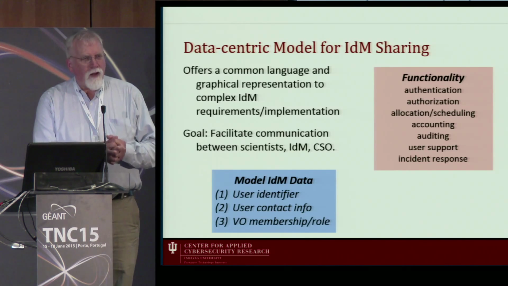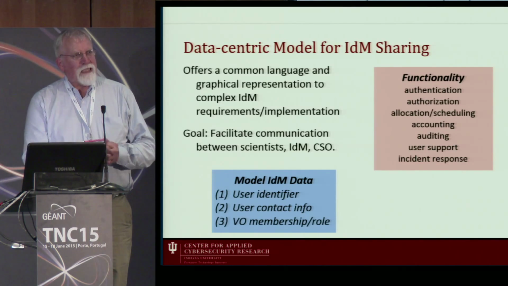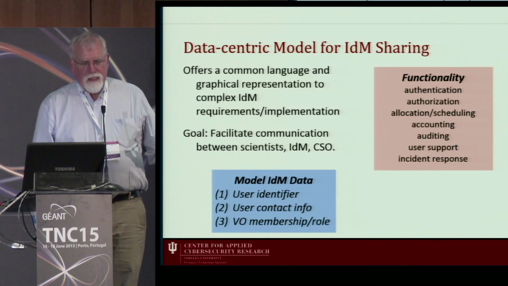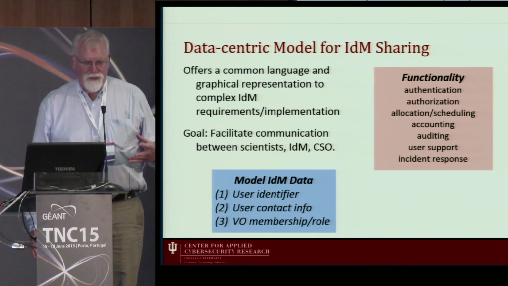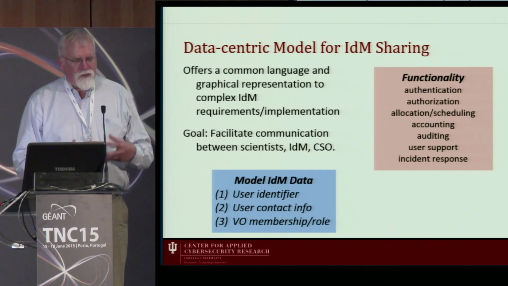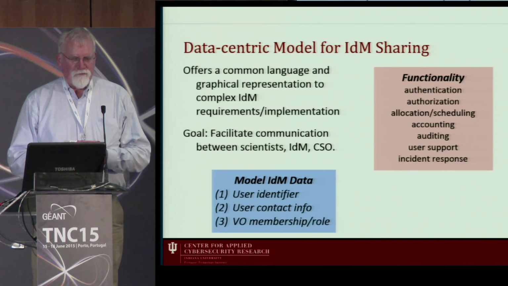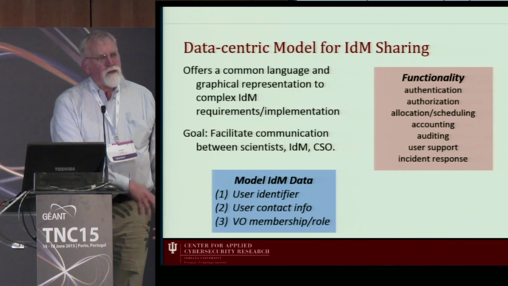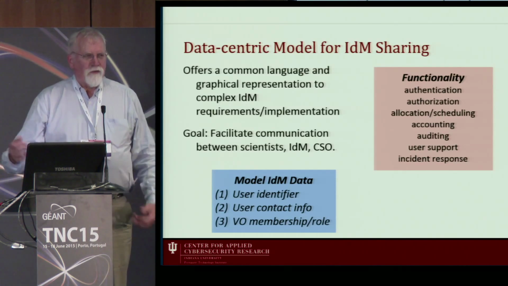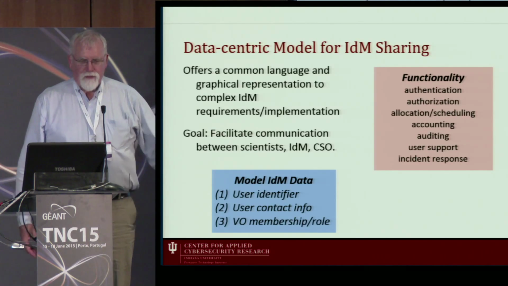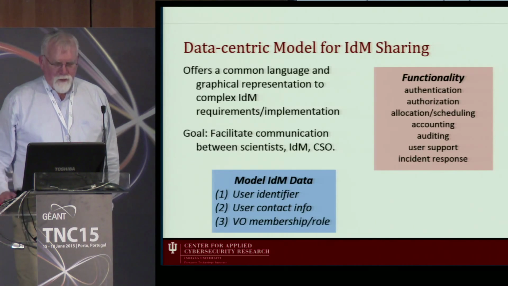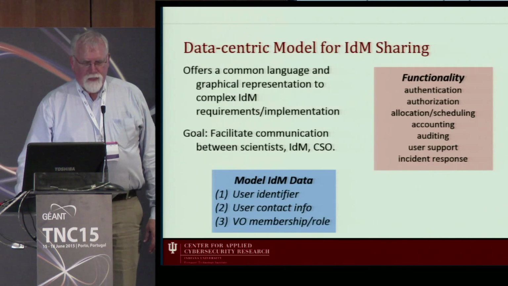So the model that we came up with for identity management data says we've got a user ID, some sort of contact information, and some sort of VO membership role type information. And then we use that over there in the functionality side for authentication, authorization, a whole list of things that are down there.